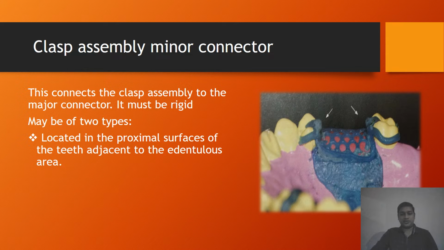As you can see in the picture, here it is a class 3 situation where there is an edentulous space bounded by teeth both in the anterior and posterior region. Here you can see a direct retainer arising from the edentulous area. The direct retainer is connected to the major connector via the clasp assembly or direct retainer minor connector.